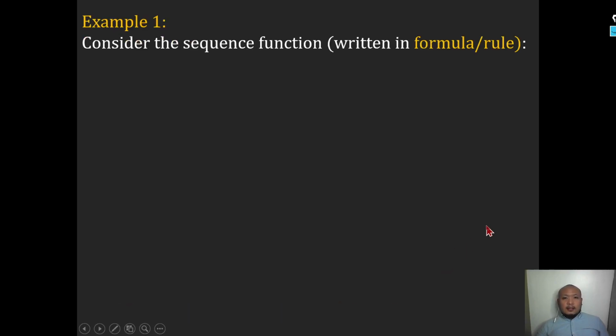Now, halimbawa tayo agad para mas kagat-kagad yung pag-intindi natin. Let's consider the following sequence function with the following rule, written as a rule. Again, sabi natin kanina, if it's a sequence function, in lieu of f of x, ang notation natin ay a sub n.